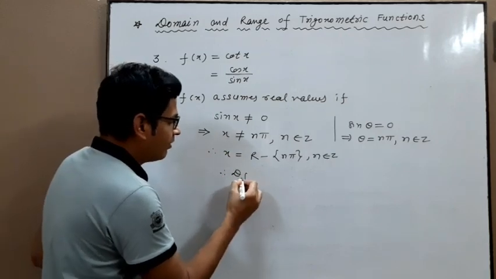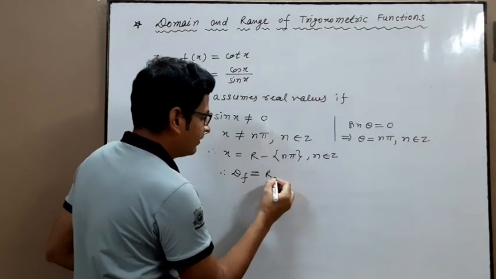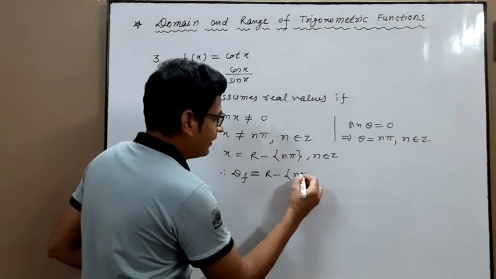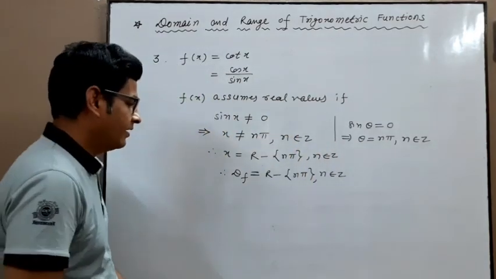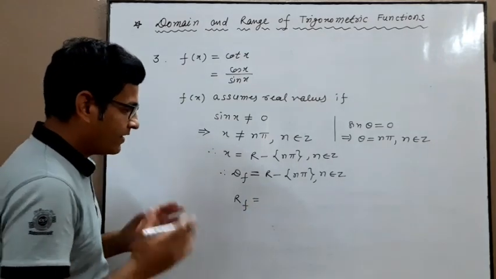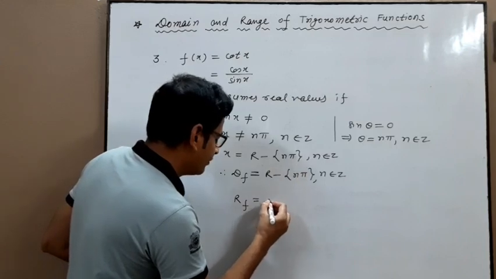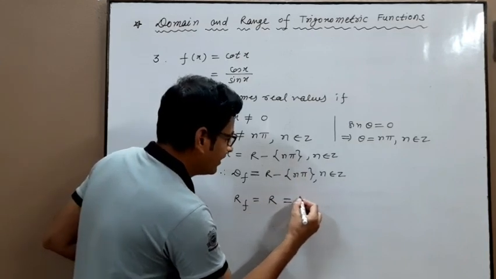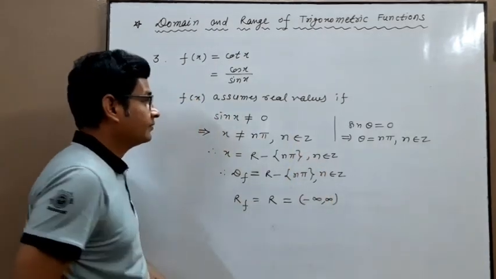Therefore the domain of the cot function is the set of real numbers minus {n pi}, n belonging to Z. And the range of the cot function, the output: range of f is the set of real numbers. We can also write minus infinity to infinity.